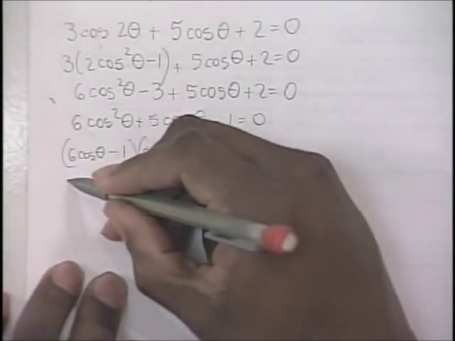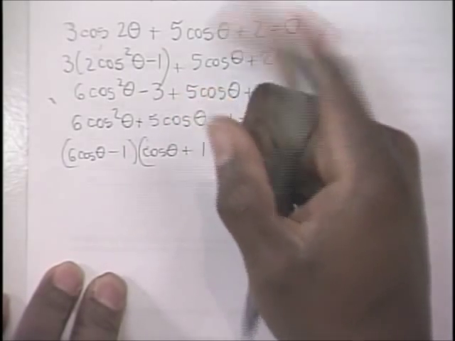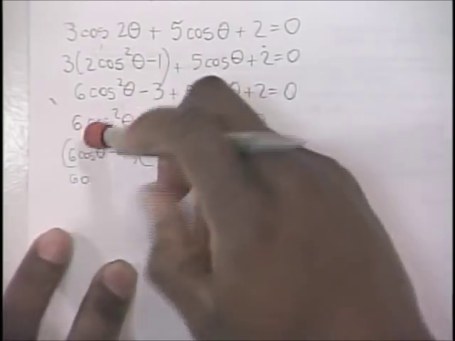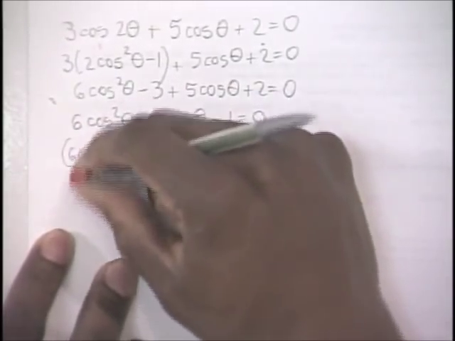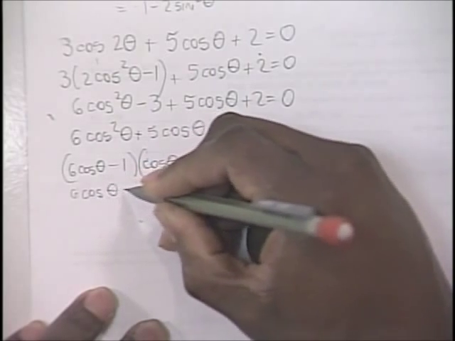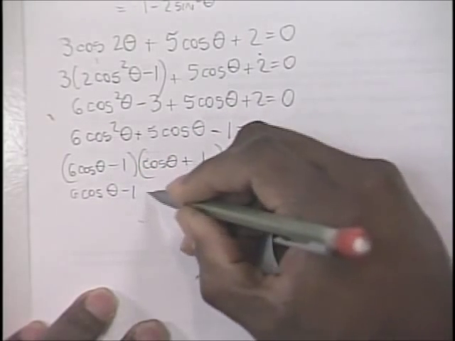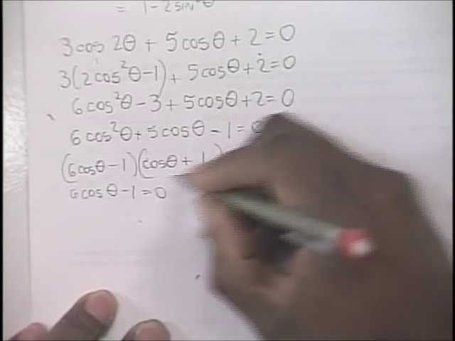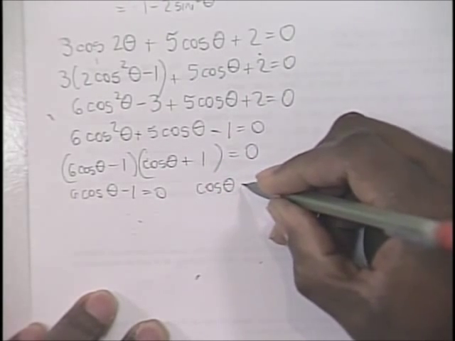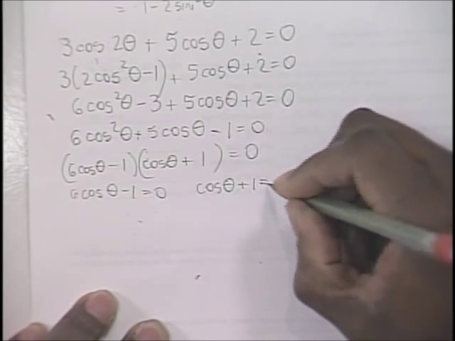So now what we have is 6 cosine theta minus 1 equal to 0, and we also have cosine theta plus 1 equal to 0.